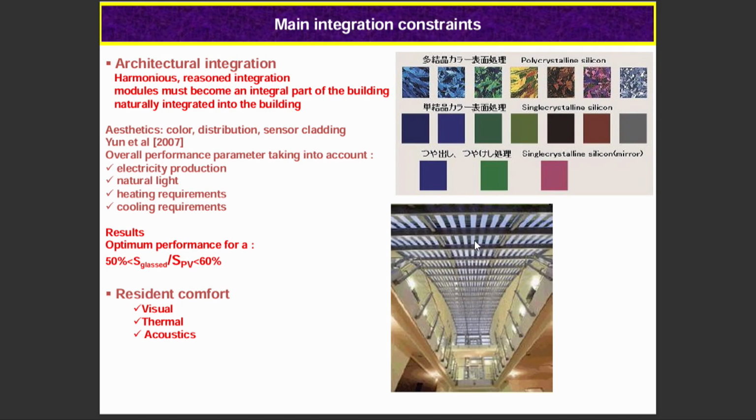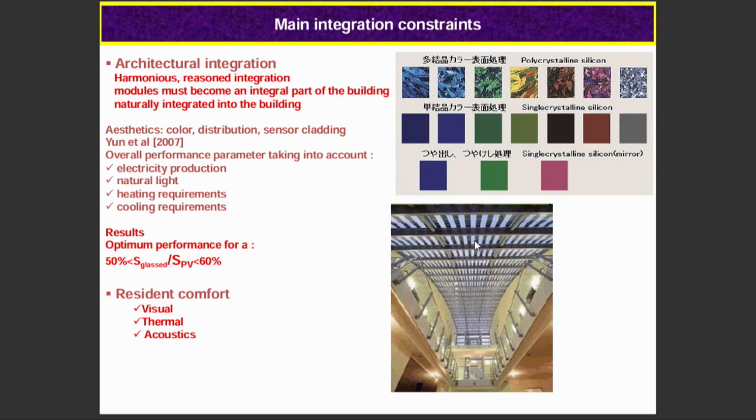Architectural integration also is a constraint, because if we want to push for massive integration of PV, we have to show architects that everything is possible, because one of the main barriers is architecture. And so to show them that there are various colors possible, that you could integrate also in historical building and in mimicking some wood, some stone.